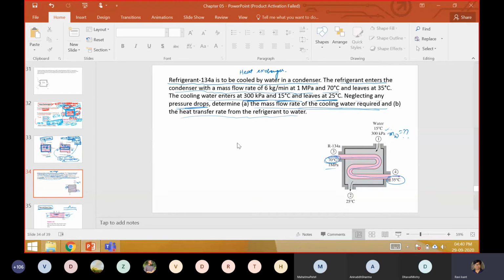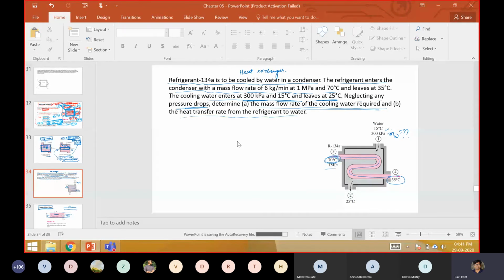Unless you practice these things, you may get some difficulties once you make your hands dirty, and only then will you be able to understand the things more clearly. That is why my philosophy of teaching is to make the numericals in front of you.